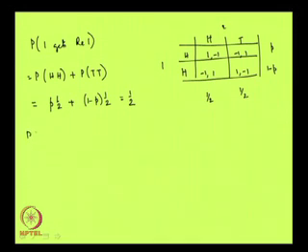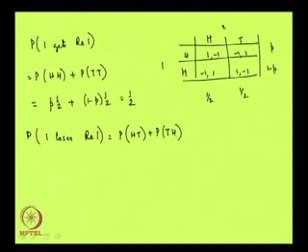And what is the probability that player 1 loses 1 rupee? It happens under two circumstances: if the result is HT, or if the result is TH, this or this.